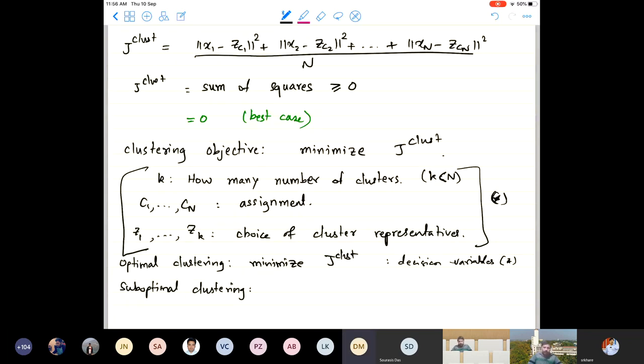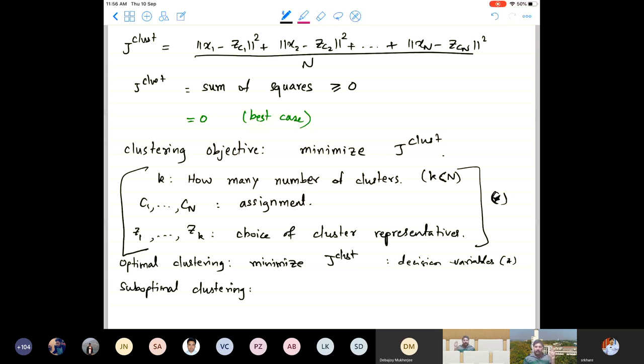What is suboptimal clustering? You want to minimize this cost function J_clust, right? And how can you optimize it? The clustering objective J_clust is a function of three different types of decision variables.